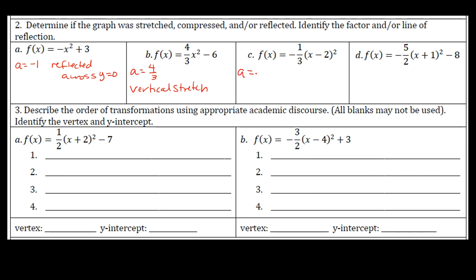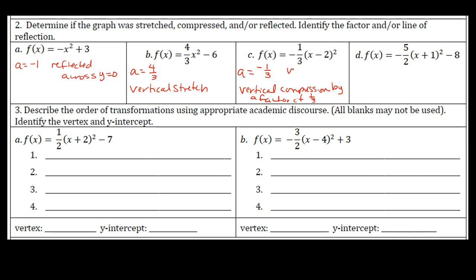Our A value for 2C is -1/3. The 1/3 is the dilation. So this was a vertical compression by a factor of 1/3. Do not tell me, don't put -1/3. The negative tells me it reflects.